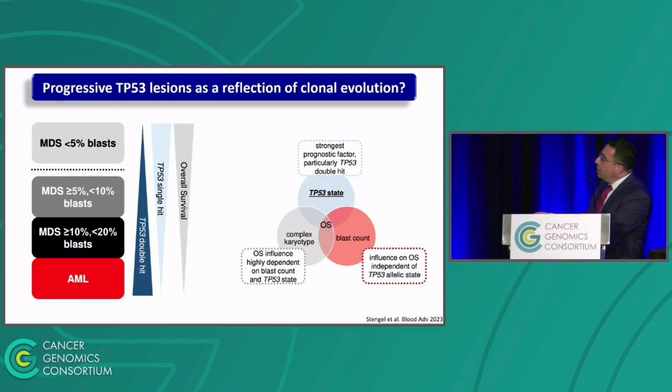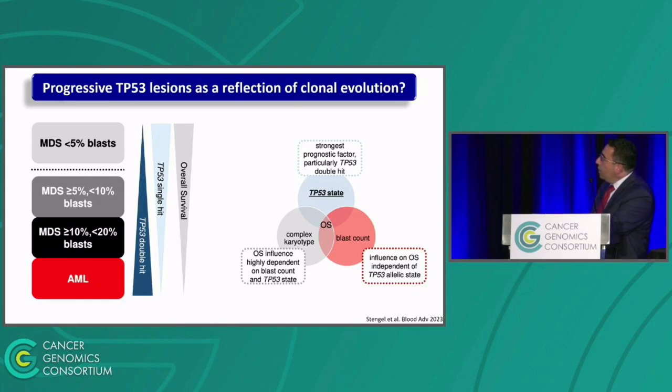Single hit alterations actually go down because by themselves such alterations do not correlate with a huge survival advantage all the time. And likewise, overall survival follows a similar trend within this group.